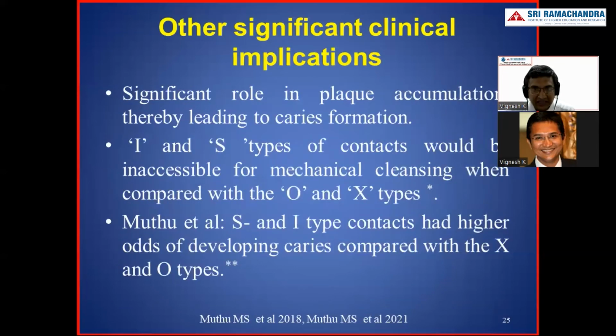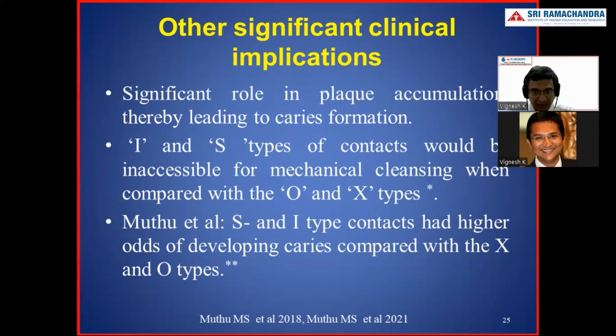The other significant clinical implications of the results of our study are that there could be a role in plaque accumulation and therefore leading to caries formation, as hypothesized by Muthu et al. The I and S type of contacts would be inaccessible for mechanical cleansing when compared with the easier to clean O and X types of contacts.